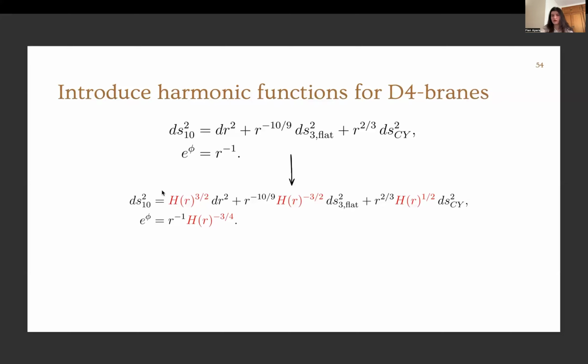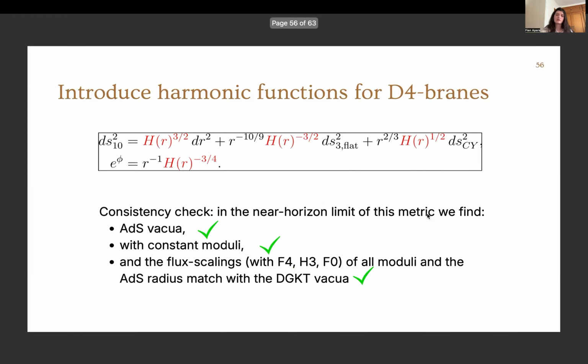And then once we have this geometry, in terms of this harmonic function, we can try to solve the 10-dimensional Einstein equations to find the actual profile for the harmonic function this way. So then this is the candidate full geometry of the D4-branes probing the singularity.